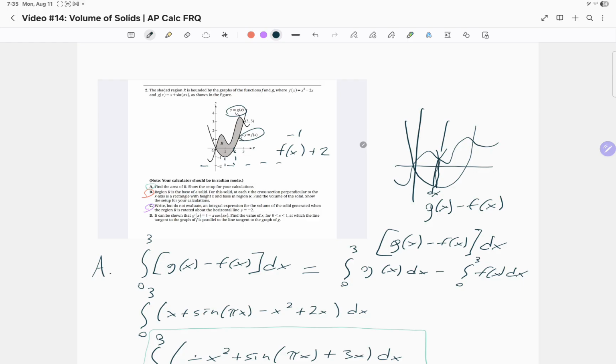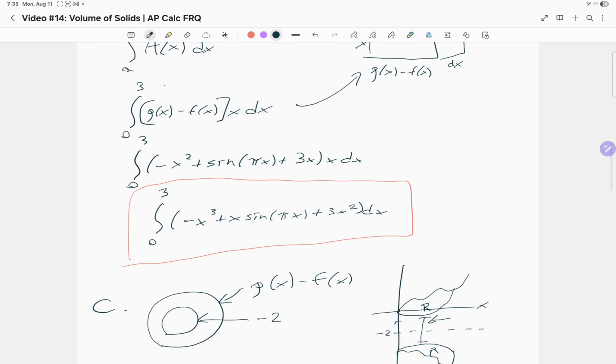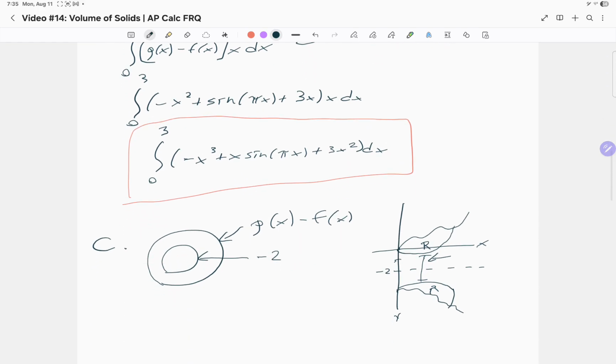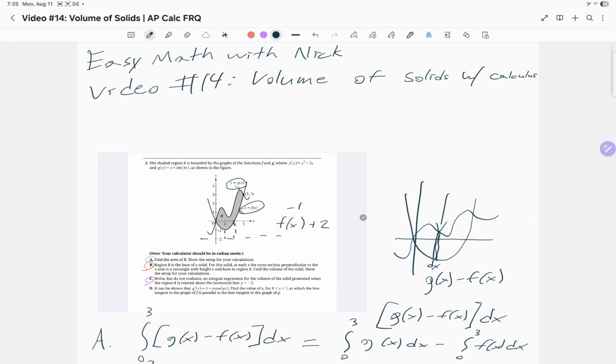So now let's reevaluate what we have here. The empty part of our hole is going to be f of x plus 2, and the outside of the solid we're generating here is g of x, right? That's our outside function.